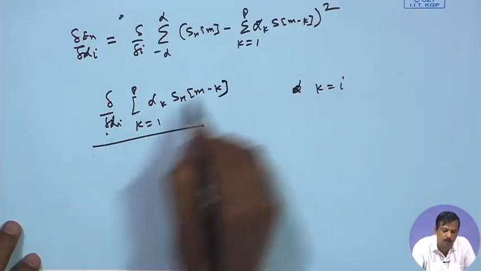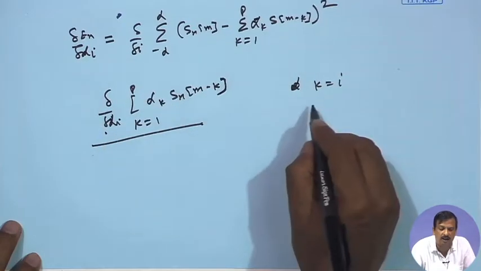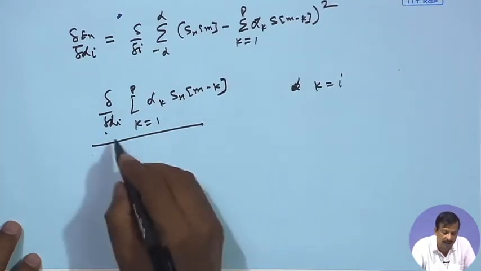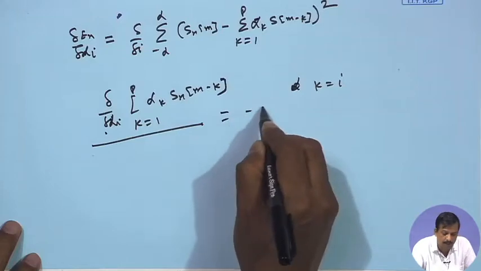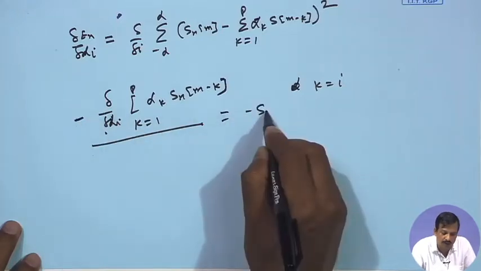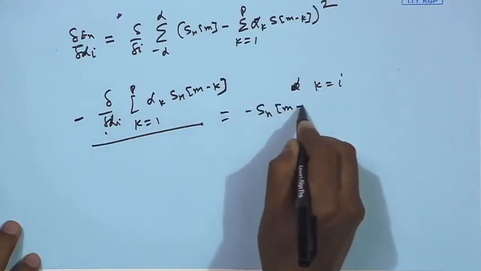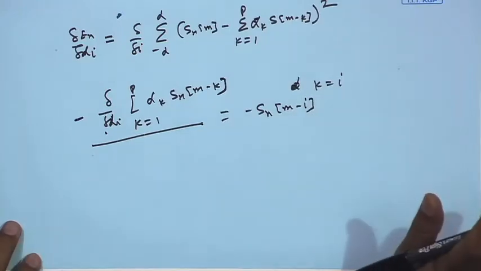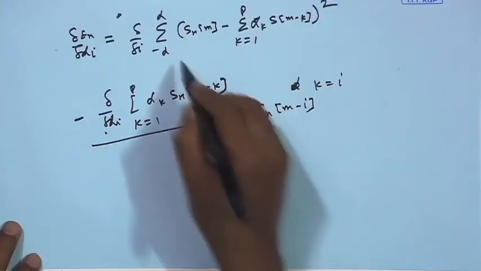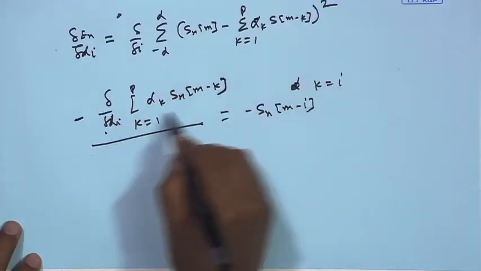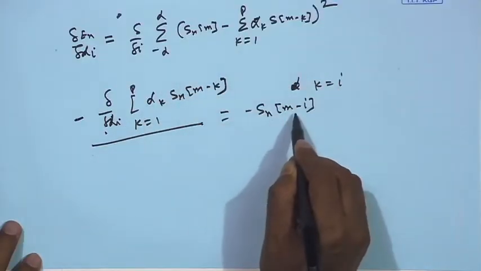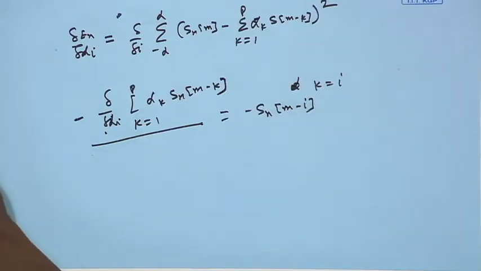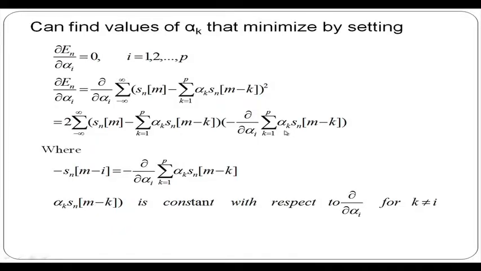For that value this derivative exists, otherwise it is a constant, that is 0. So, the output of this is nothing but minus s of n m minus i. I can put that value in here.